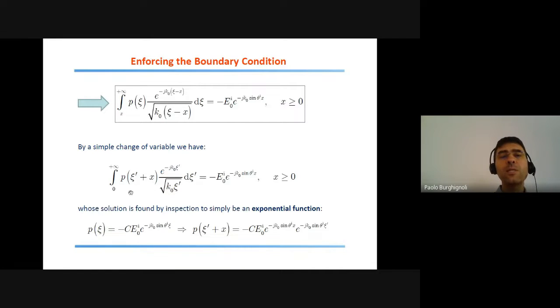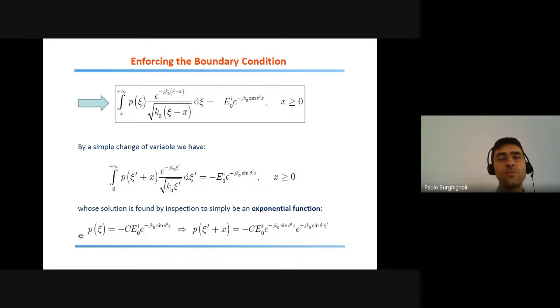And once you have an integral from 0 to plus infinity, in order to recover the exponential at the right-hand side from the integral on the left-hand side, with a moment of thought, you will find easily that by inspection, the right function to be inserted for p is a simple exponential function that depends on psi exactly as the right-hand side of the integral equation.